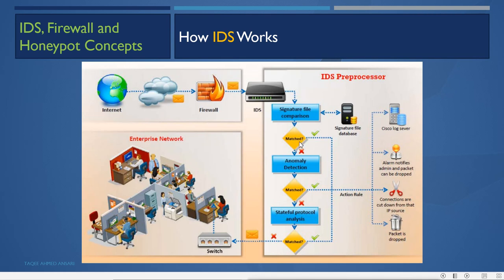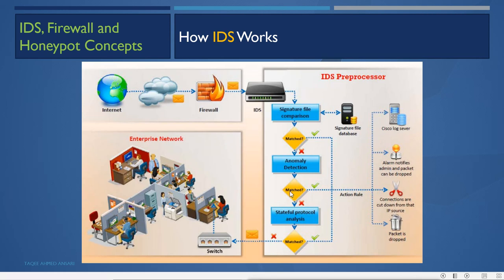Now if the signature is not matched, then what will it do? It will do anomaly detection. If anomaly detection matches, then it will follow the same rules: generate the logs, send the notification to the admin, cut the connection and drop the packet.